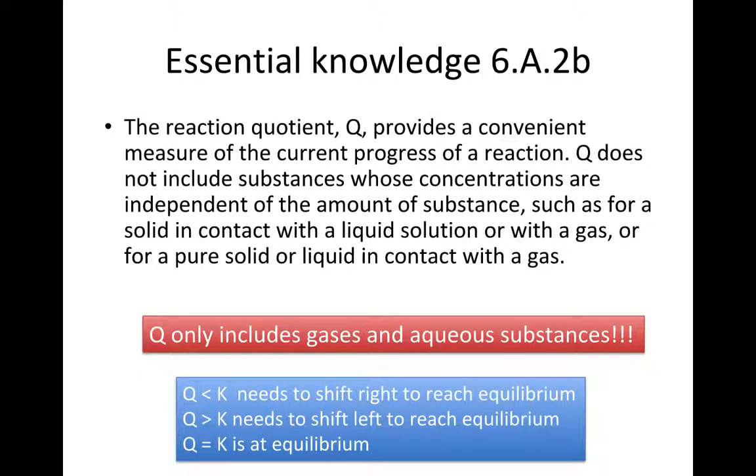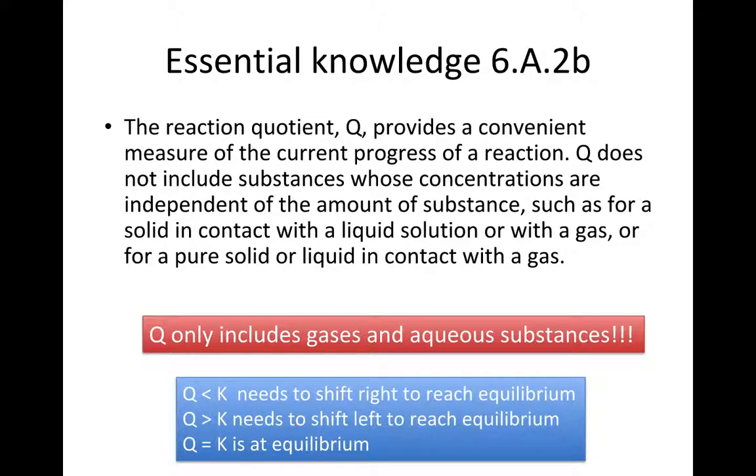The molarity of solid aluminum is 100 moles per liter. There would be no need to include that in the Q expression because 100 moles per liter is going to be constant for the solid aluminum at all times. So we don't need to include a solid as part of our Q or our K expressions.